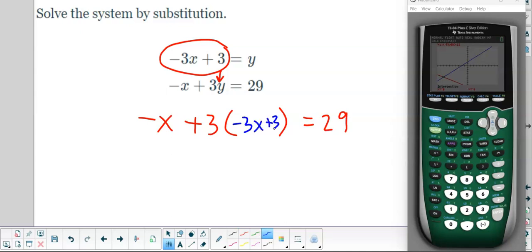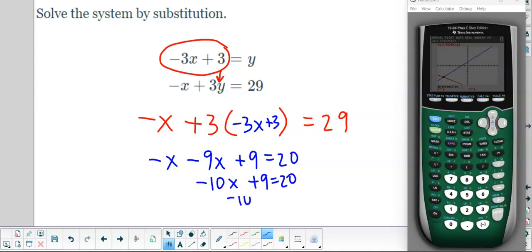Now I'm going to distribute and combine. Oops, I was a little too early. I'm going to subtract 9 from both sides, divide both sides by -10, and I get my answer, -2.